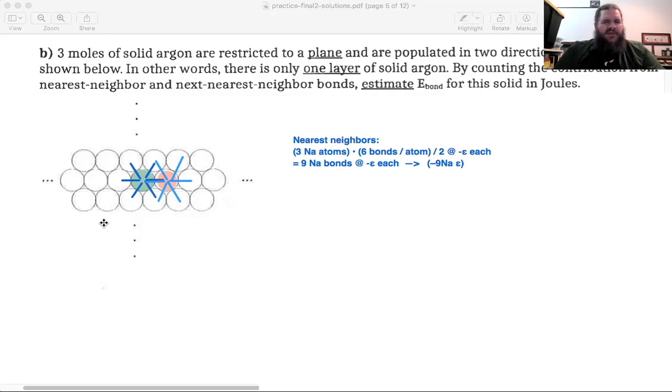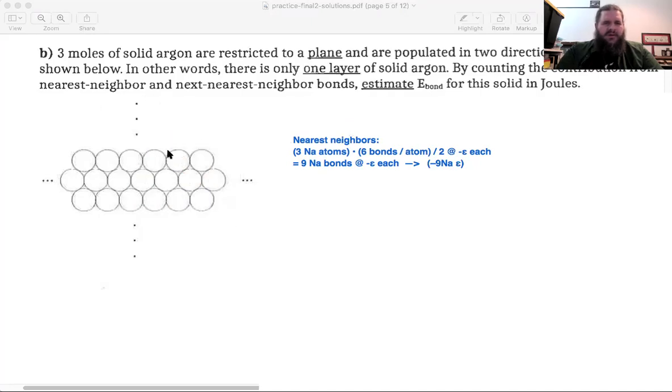So let's take a look at the second nearest neighbors, see if we can make any sense of that. What would be an example of a second nearest neighbor if we go back to what we were looking at from the previous one? Let me clear this out.